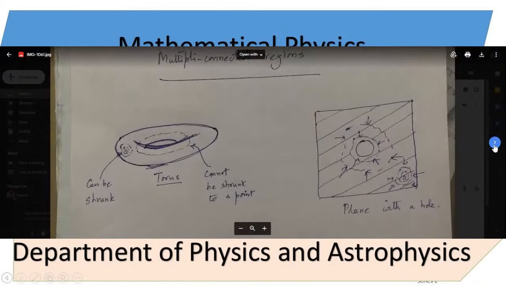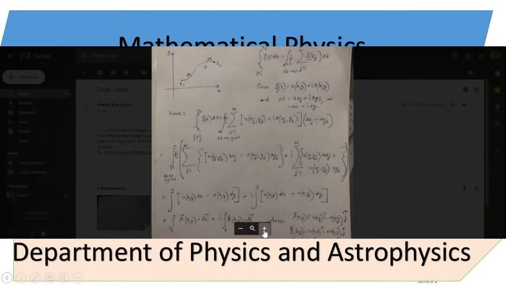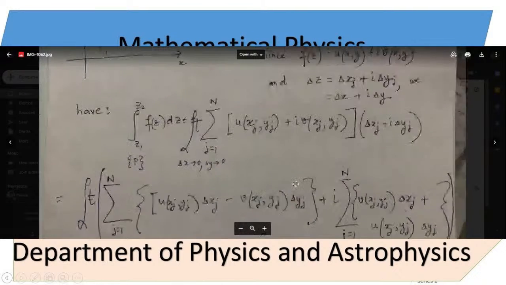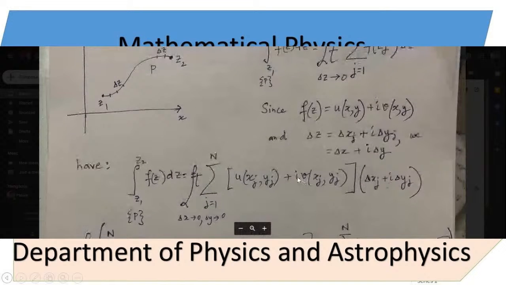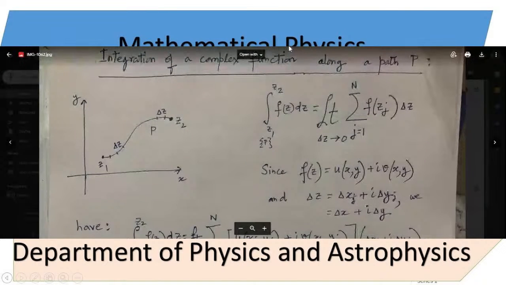Now let's go to another concept in complex variables, which is the integration of a complex variable. Okay. So are you able to see this slide? Zoomed slide?